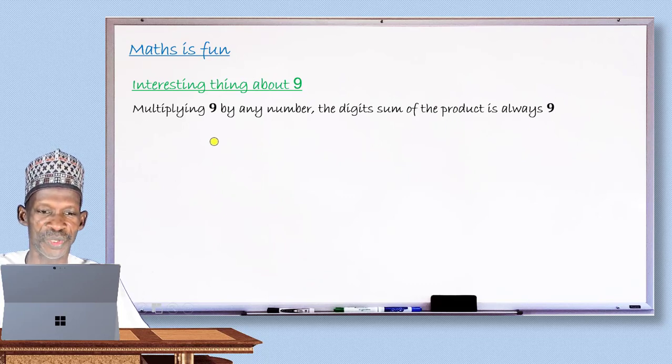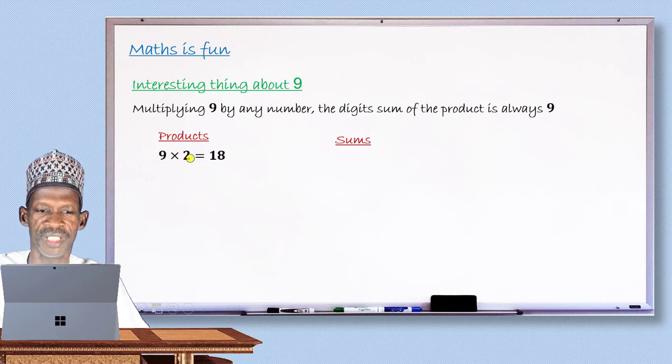Let me just sample some numbers. So let me take 9 multiplied by 2, this small number 2 multiplied by 9, the result is 18, I believe. If you add the 1 and 8, the digits in the result, 1 plus 8, it gives you 9. Let me just take another number that I'll multiply 9. Let me take a large number, 125.